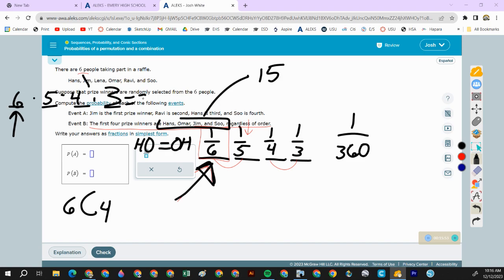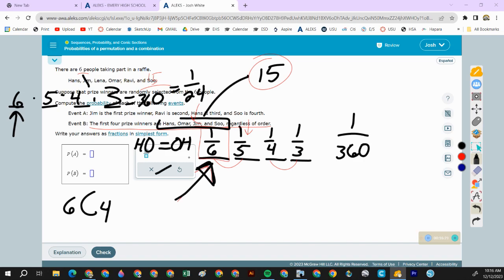So that is 360. So there are 360 total ways to draw out 4 names, and 15 of them include those 4. So it would be 15 out of 360, and then you just simplify it. 1 over 24.